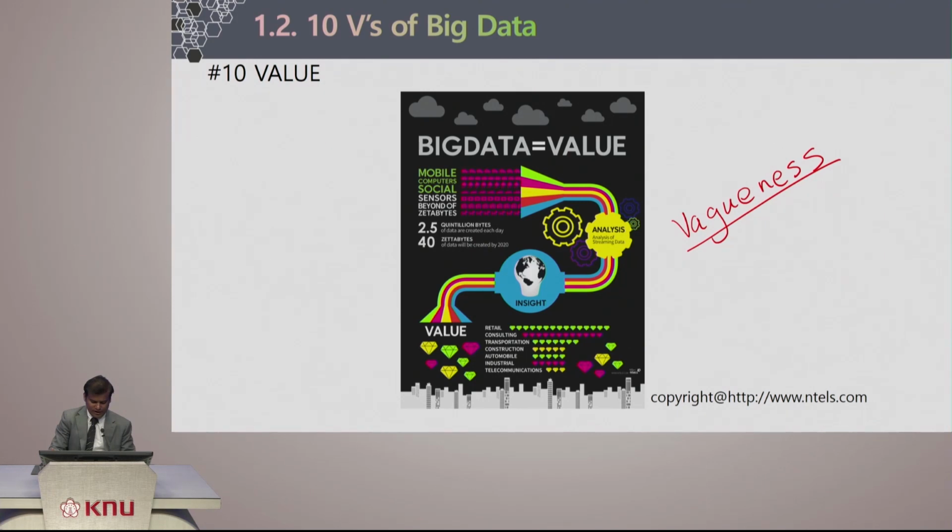And apart from vagueness, we can also talk about other issues like vastness. Another V. As you can see, the word vastness, when it comes to big data analytics, we have lots of IoT devices, and they of course generate huge amounts of data, and we can also call that bigness.